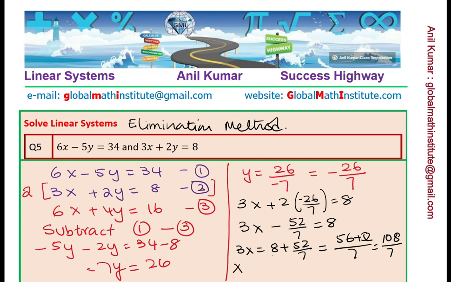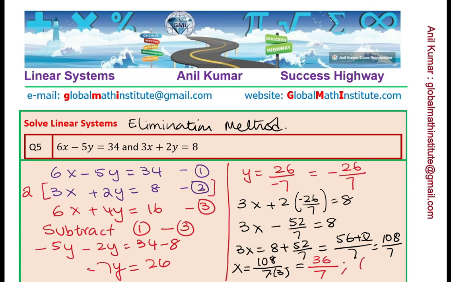And x, therefore, will be 108 divided by 7 times 3, right? Let me write 3 in brackets, to be clear. But you can simplify by dividing 108 by 3. So we get 36 over 7. So we get our value of x as 36 over 7.